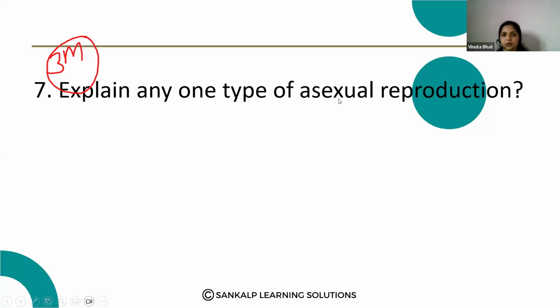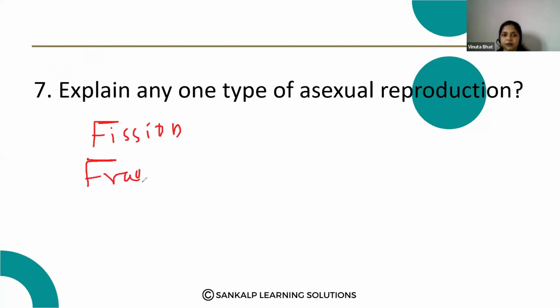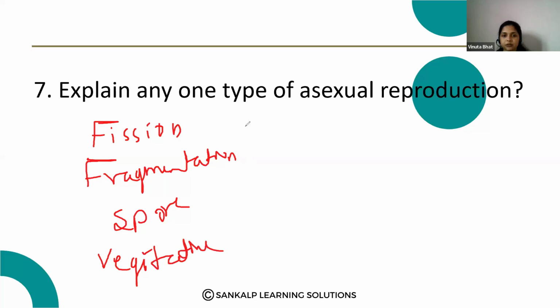Next question. Explain any one type of asexual reproduction. There are different types of asexual reproduction we have studied in this chapter, that is fission, binary fission and multiple fission, fragmentation, spore formation, vegetative propagation, then regeneration.